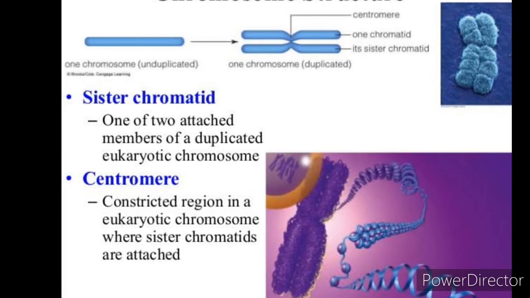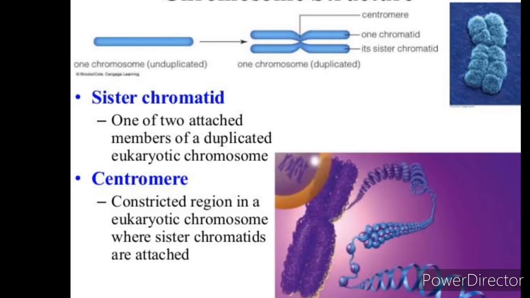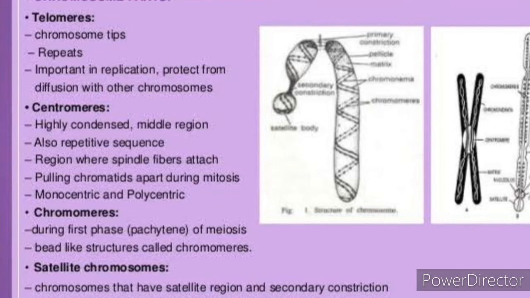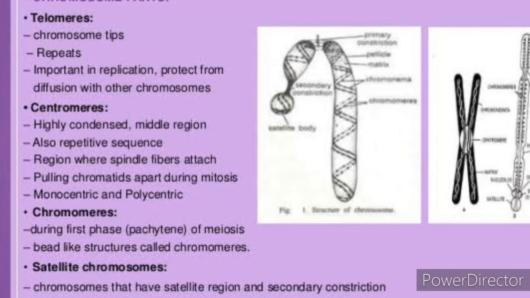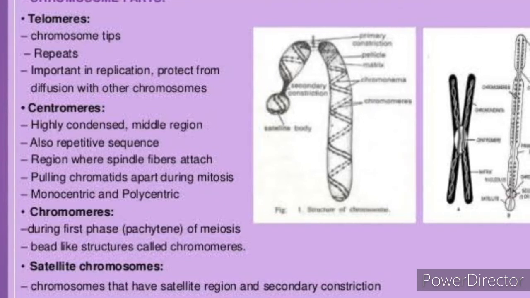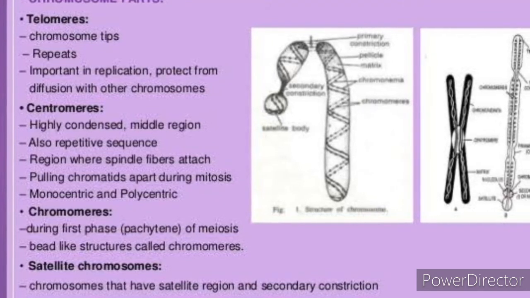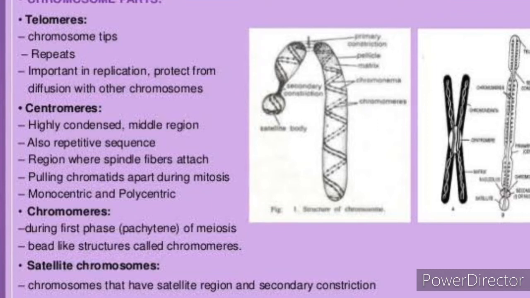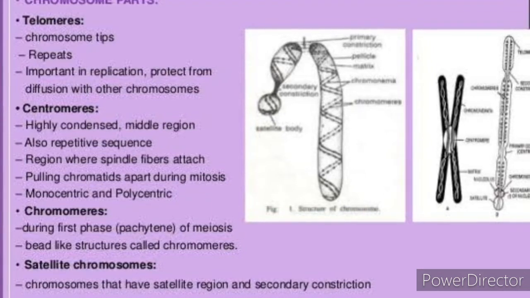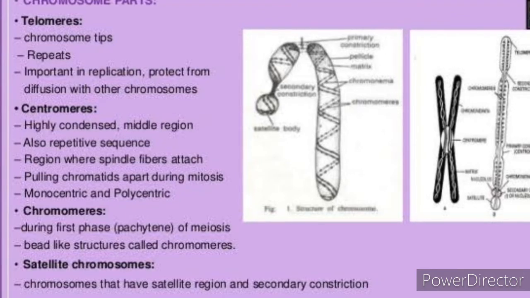Chromonema has a number of chromomeres. The chromosomes are made up of DNA, RNA, chromosomal proteins, that is histones and non-histone proteins, and some metallic ions. A chromosome consists of the following regions: primary constriction, secondary constriction, telomere, satellite.